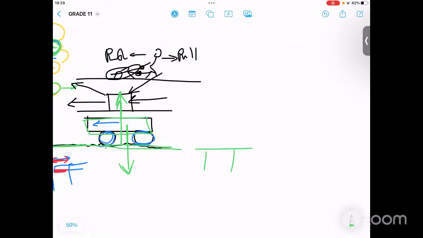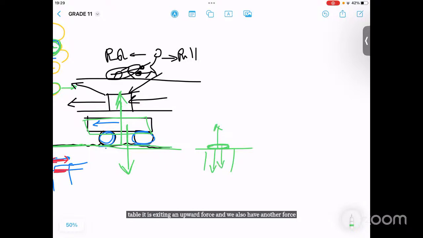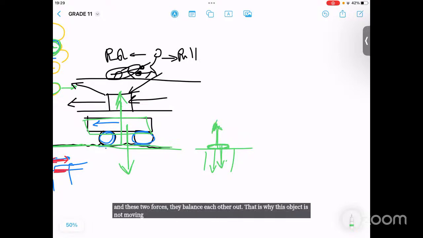Another example, honorable members, this is your table, and this is your calculator sitting on that table. Why isn't this calculator of yours falling through that table? It is stationary on that table. Why? Because this table is exerting an upward force, and we also have another force by gravity. These two forces balance each other out. That is why this object is not moving in that direction or that direction.